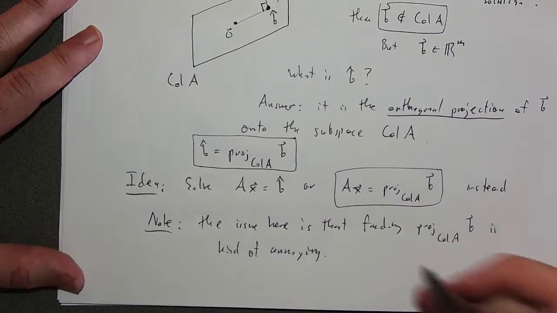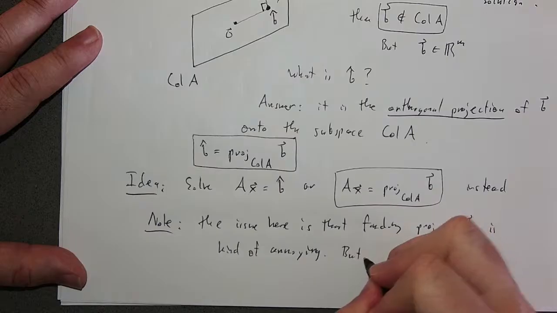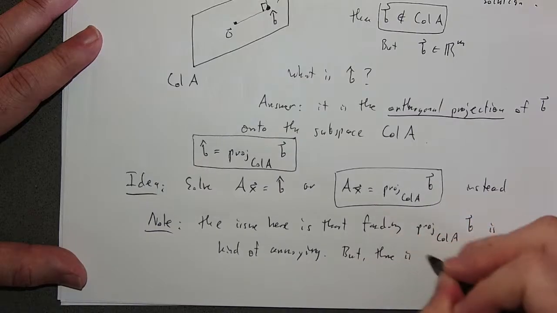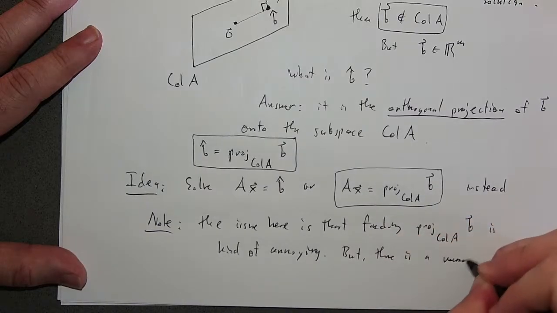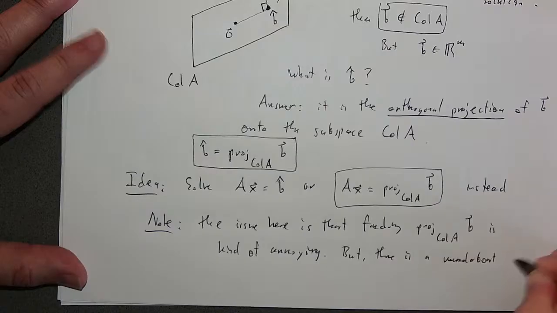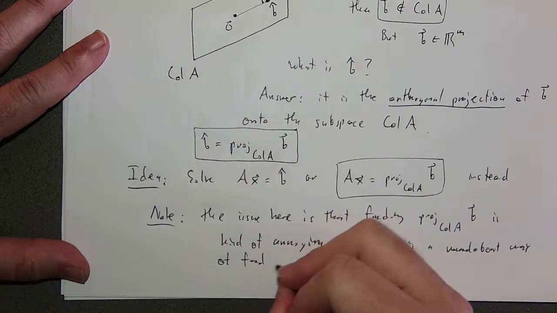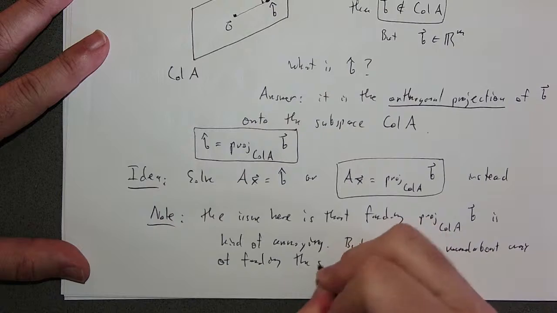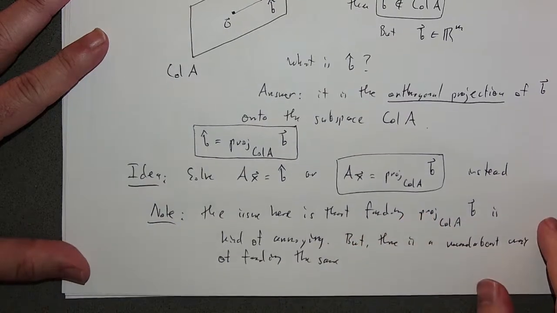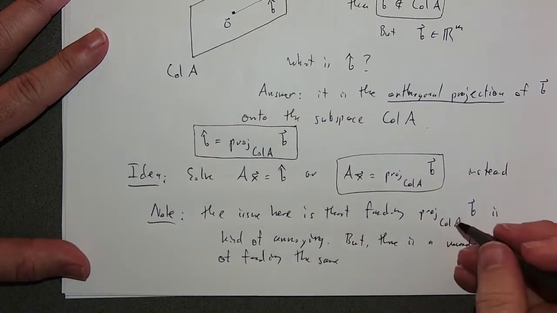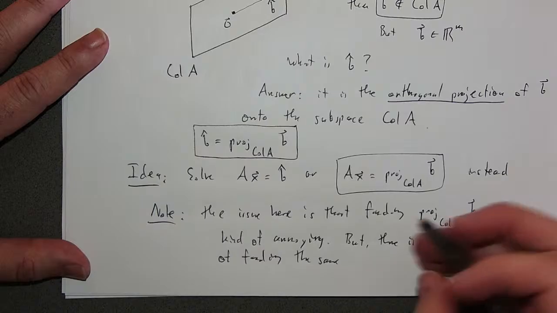But there's another way to find it. There is a roundabout way of finding the same solution we seek that is slicker, that is nicer.